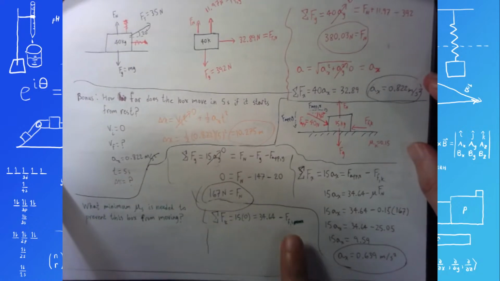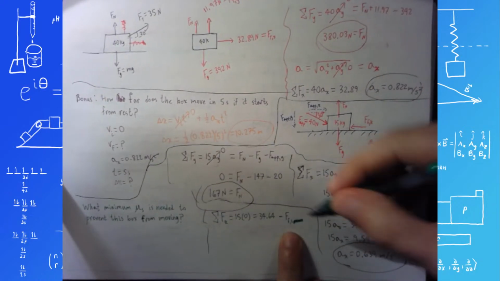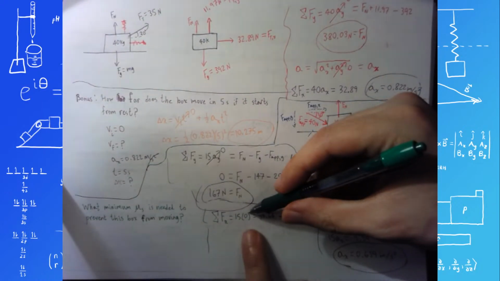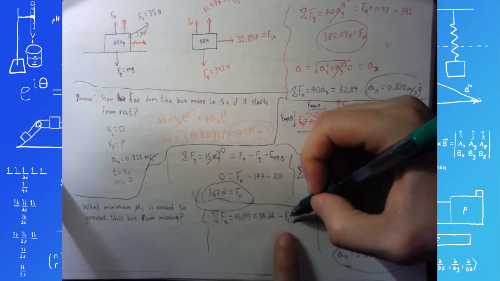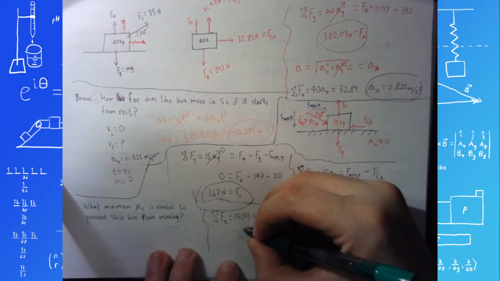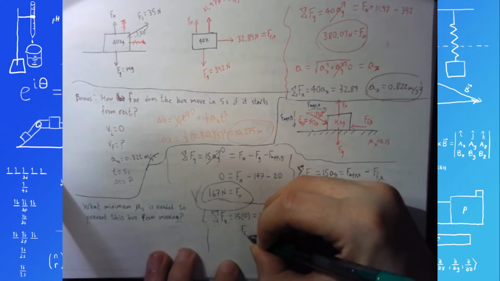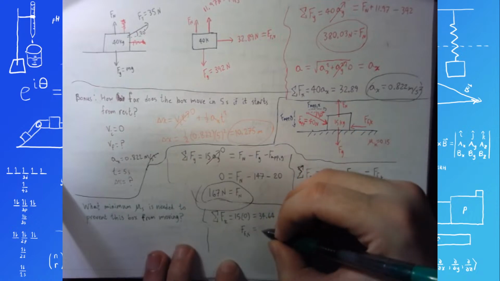static friction. If I add it to both sides, there's a 0 here now. So I want my force of friction static to be equal to 34.64.